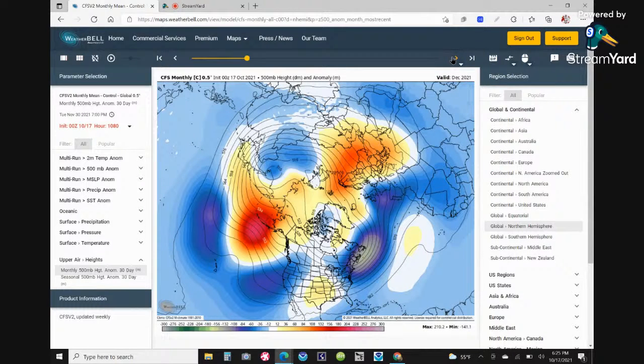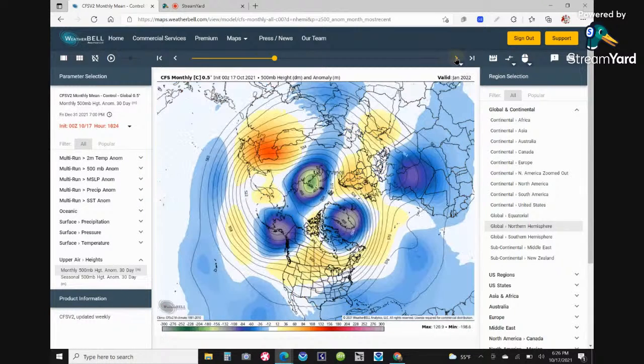So here's December. This is an interesting look. I'm not sure. I mean, I don't buy this, based off of what I've been seeing and other parameters and guidance. So here's January with this run.